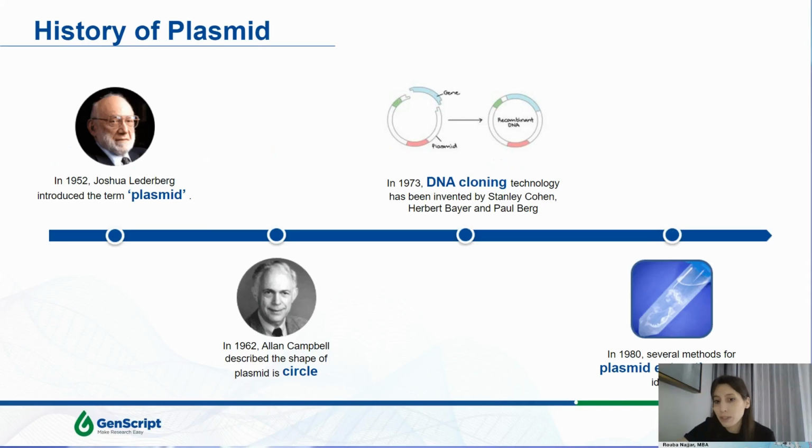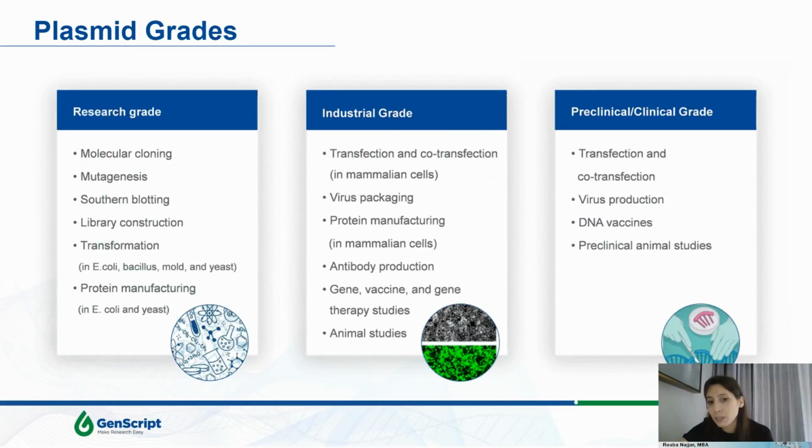So for plasmid purification, of course, plasmids have been around for many, many years. They've been really instrumental in a lot of the molecular biology workflows, as well as, of course, some of the most basic workflows that enable us to go into different applications. So, of course, there are different grades of plasmid, whether you're doing standard research grade or you're doing industrial or preclinical, each one has its own requirements as well as its own throughput.